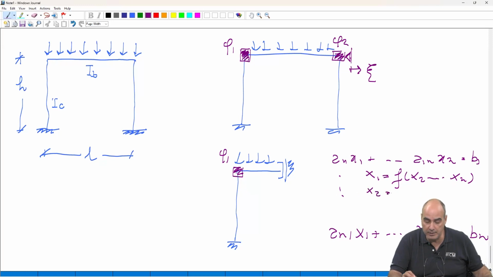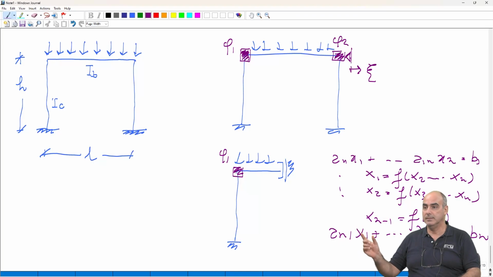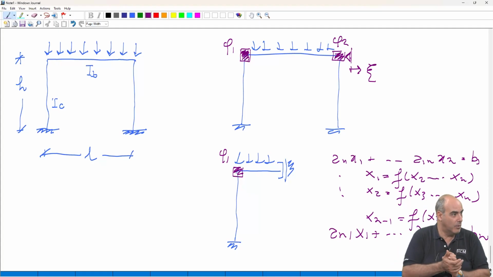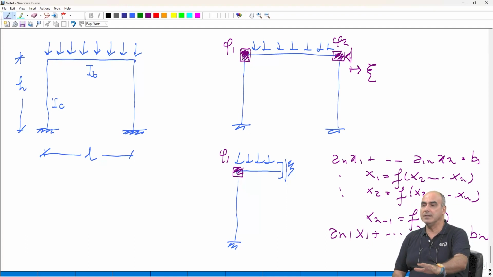And so you go on, x2 as a function of x3, then you arrive at xn minus 1, which is just a function of xn. Substitute there, so the last equation gives you xn. And then you start going backward. Well, this is a source of round-off, approximation, and so on, but this is the way in which it's done. So saving equations is always wise.